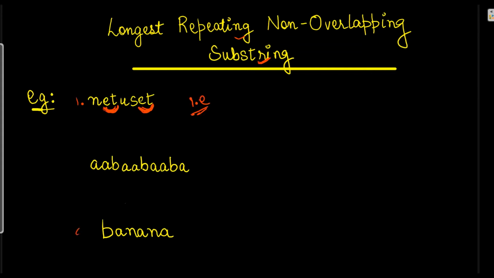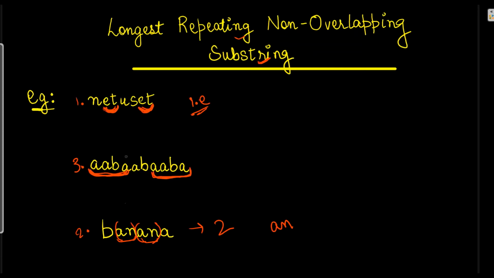Then if I take the example banana, you can see AN is repeated again 2 times. The substring is AN, where AN has been repeated but it is not overlapping. Now if we see the third example where I have AABA, it is also repeated 2 times.